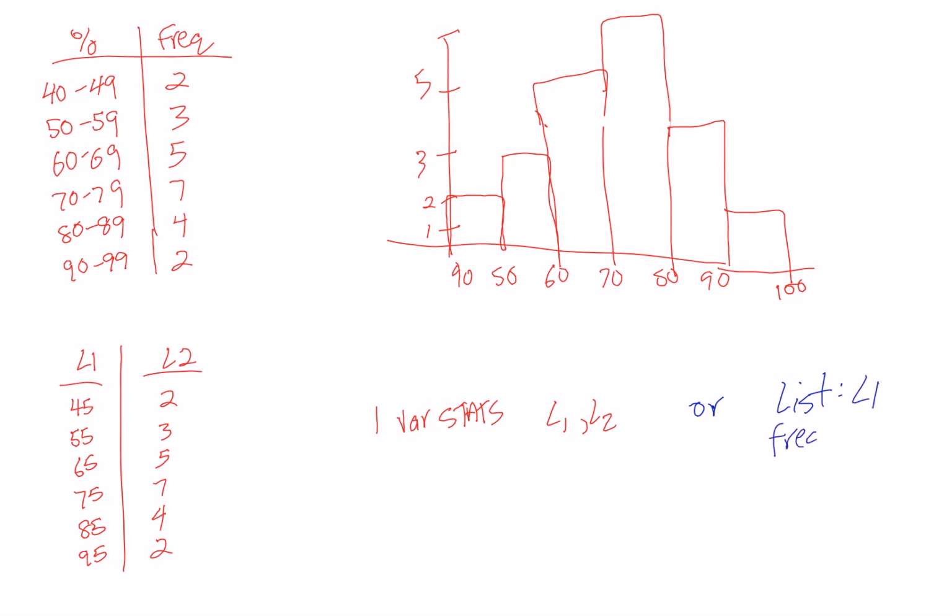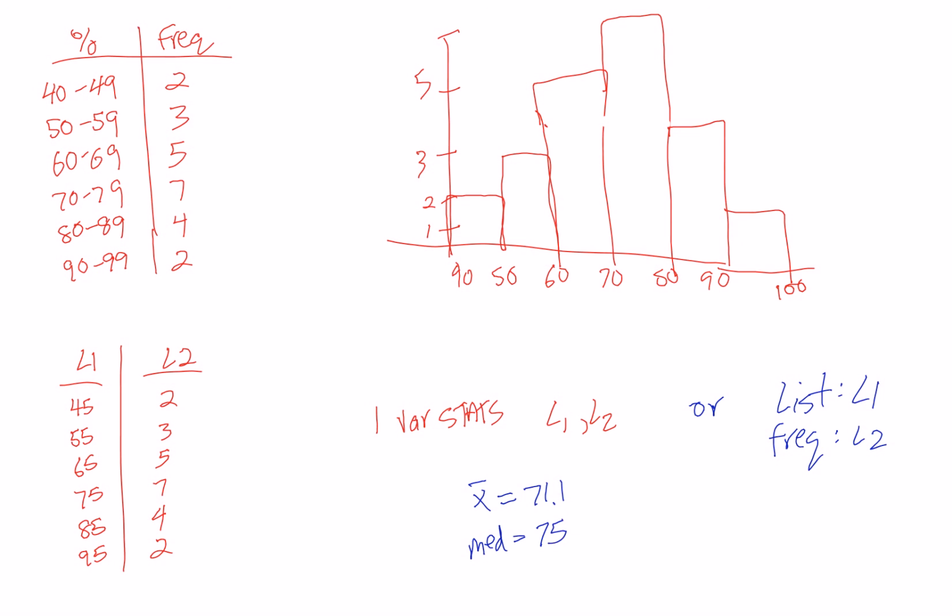And then for frequency, pick list 2. To get list 2, just go second, number 2, hit calculate, and it'll type out one variable stats, list 1, list 2, and then it'll give you the answer. So our mean is 71.1 if we round it off, and our median is 75 in this case.